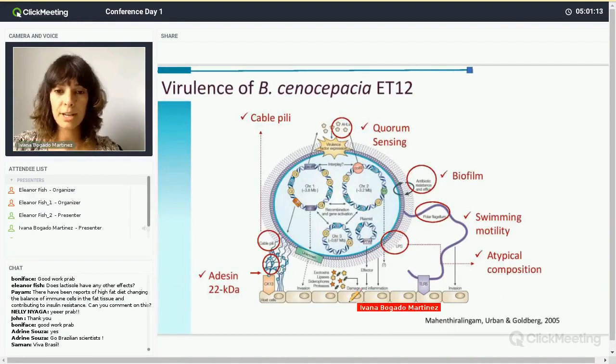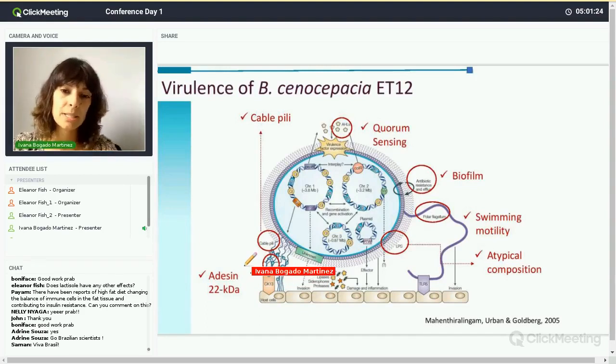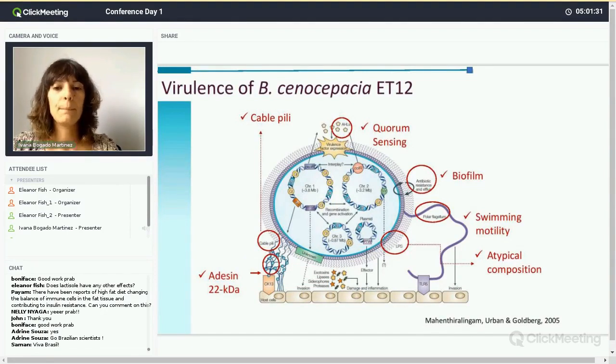Let's go a little bit more about the effect of these substances. But first, I'd like to show you the pathogen that I chose as a model for this study. Burkholderia cenocepacia is not the most popular, but it is one of the worst of them because it has a huge apparatus of virulence that enables this bacteria to attack the host.